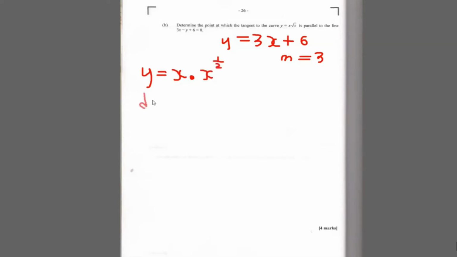Then I'm going to find dy by dx. So now dy by dx is equal to, keep the first times the differential of the second.